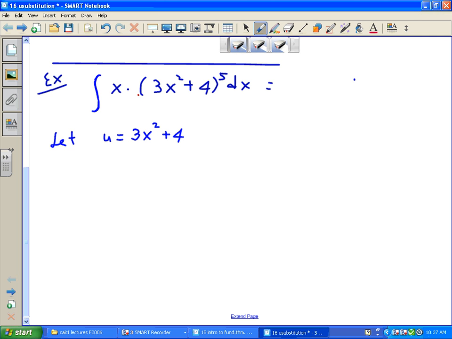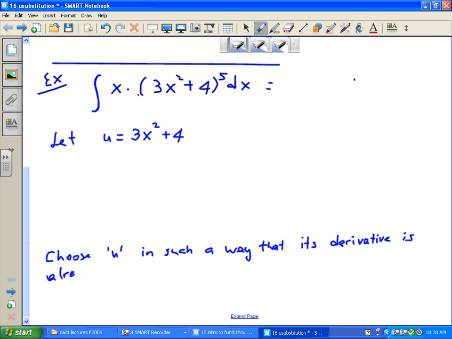In general, choose U in such a way that its derivative is already existing. It's already in the given integrand.